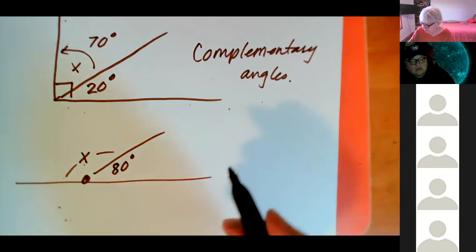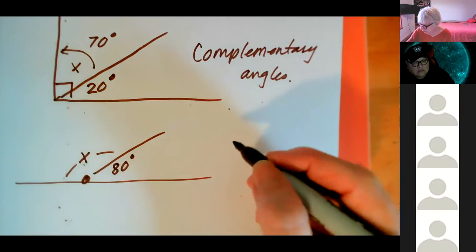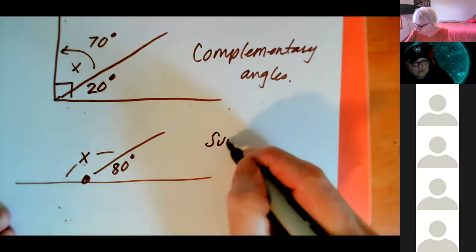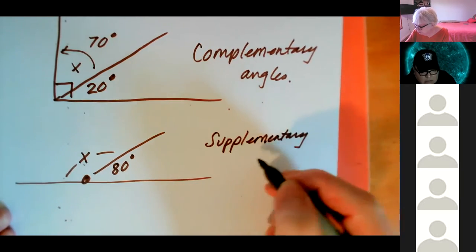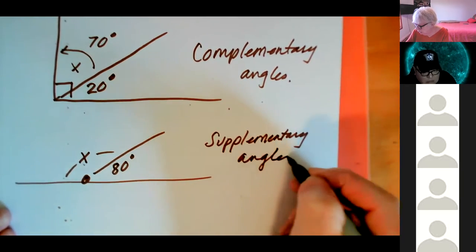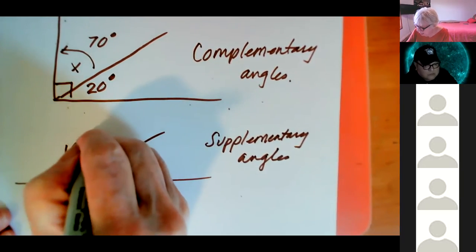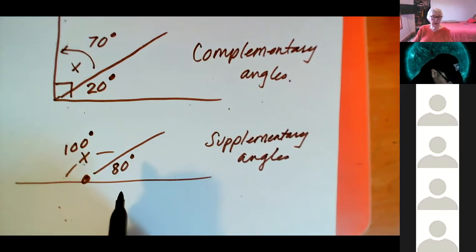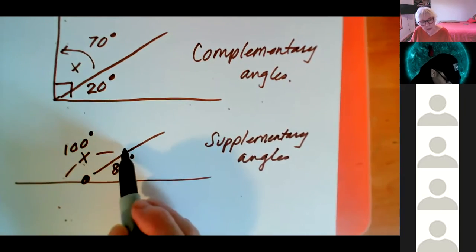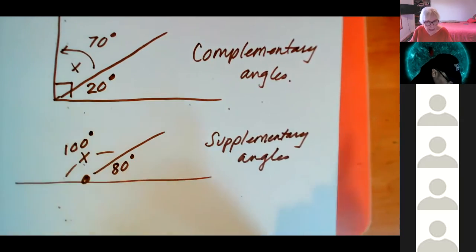How much? 100. It would be 100. And they use that little circle like that for degrees. And so this would be 100 if this was 80.